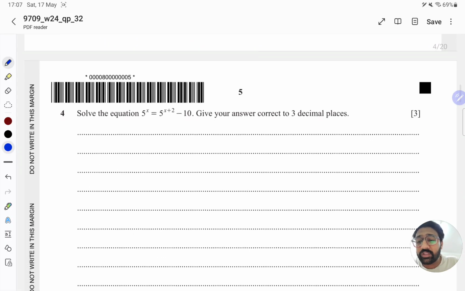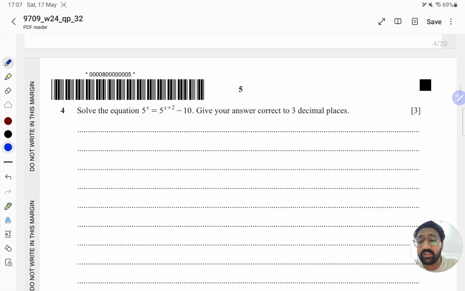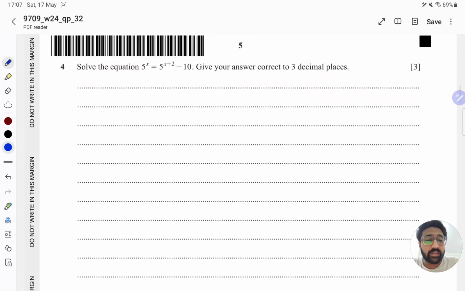Question number 4 says that solve the equation 5 power x equals to this. Give your answer correct to 3 decimal places. So we know that 5 power x is equals to 5 power x multiplied by 5 power 2 minus 10.